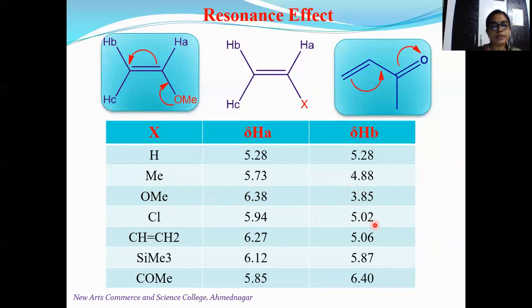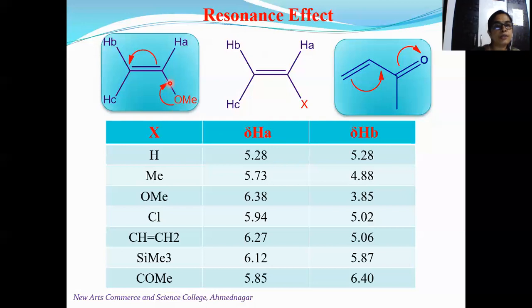Why does this happen even though chlorine is less electronegative than oxygen? In this case, the important effect is the resonance effect and not the inductive effect. Even though oxygen is more electronegative than chlorine, still its resonance effect is greater. This is because the size of oxygen is smaller and it is comparable with the carbon atom. So resonance will be effective here.